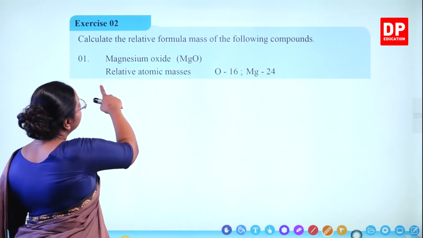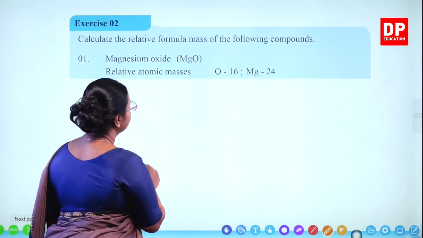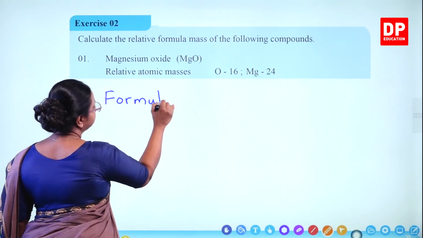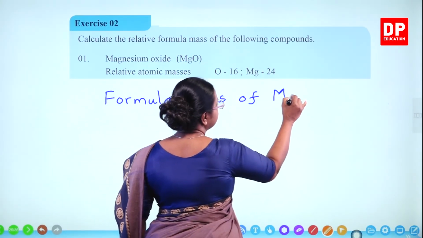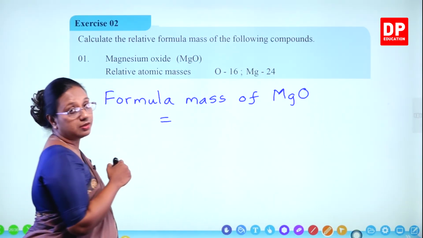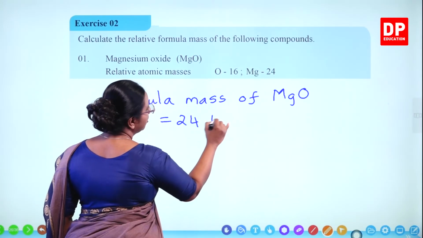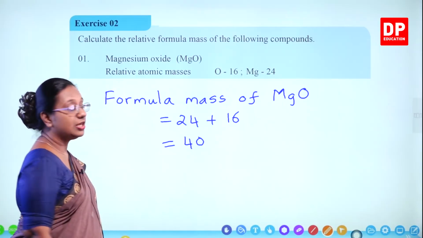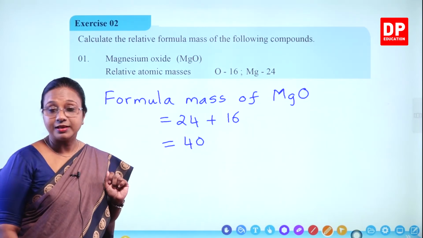Relative atomic masses are given to you: oxygen 16, magnesium 24. So magnesium is 24, oxygen is 16. When you add them together, you get the value as 40. That is a very simple calculation.